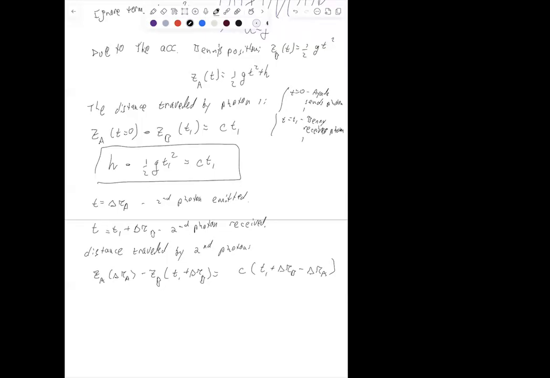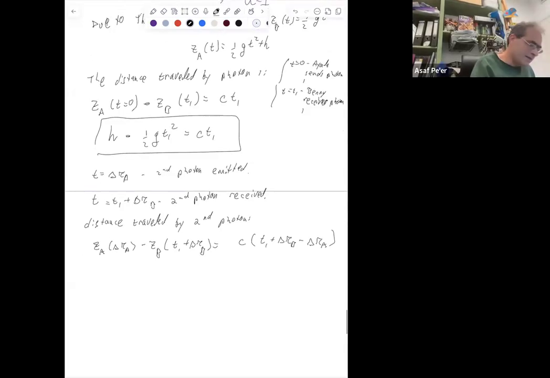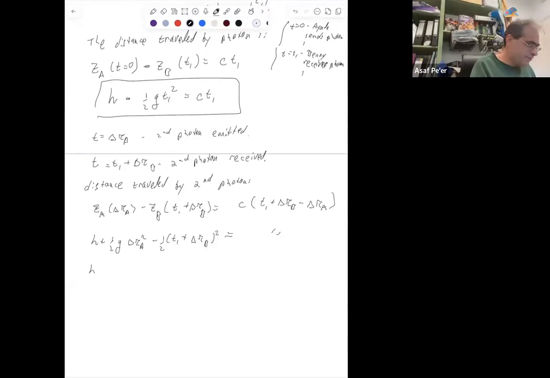So Z Ayala at delta tau Ayala is H plus half G delta tau Ayala squared. Z Benny at time T1 plus delta tau Benny is minus 1/2 G (T1 plus delta tau Benny) squared, so I'm going to expand that. I have minus 1/2 G T1 squared minus G T1 delta tau Benny.